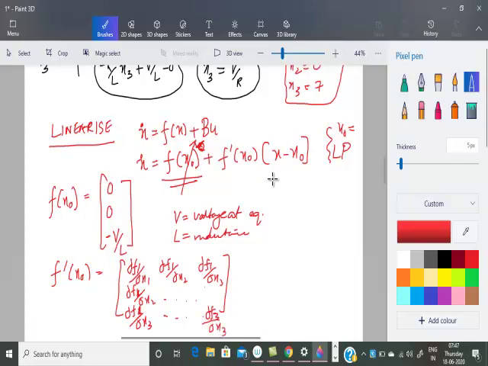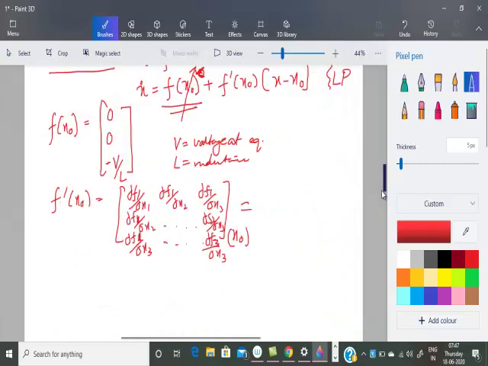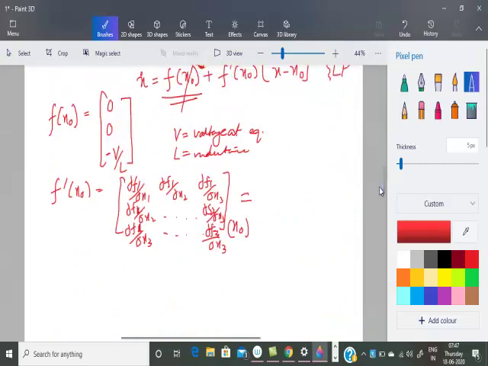You have to find this and evaluate it at x0, which is the equilibrium point given here, right?